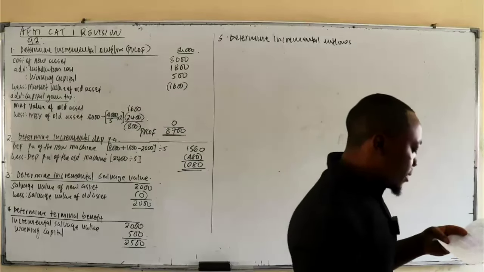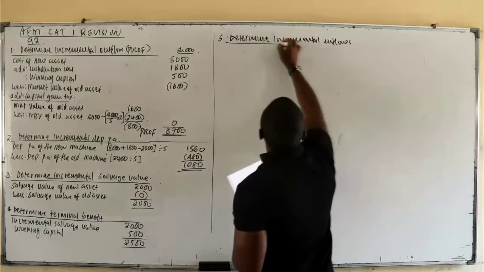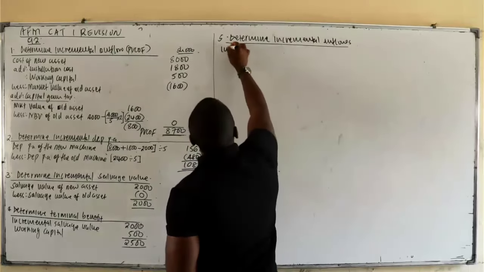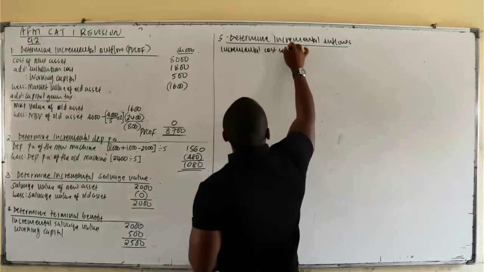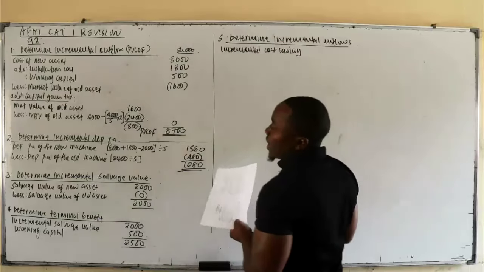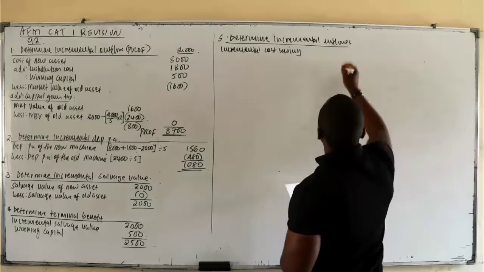And the company uses straight-line method of depreciation. The company cost of capital is 10%, and the corporate tax rate is 30%. So to get the incremental inflow, we have the incremental cost savings. With the acquisition of the new asset, the operational cost will reduce by 2.1.